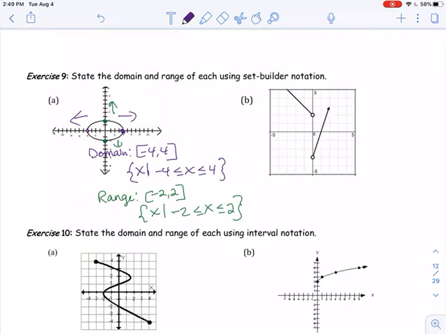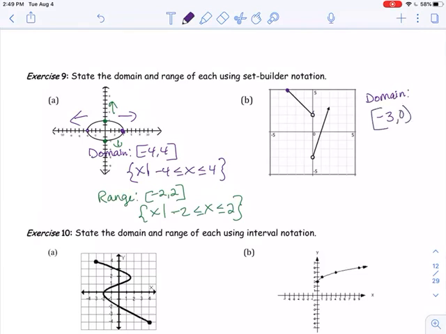B is a little bit tricky. So my domain are my x's, but I have two different domains. So I have this right here. This is the leftmost value. So the smallest value in my domain is -3. Here at 0, neither of these lines are at 0.